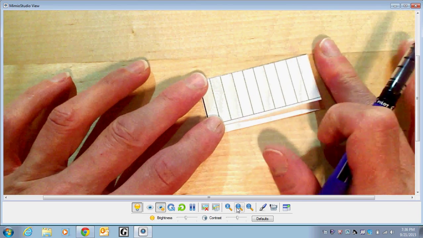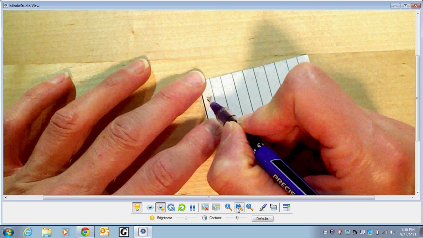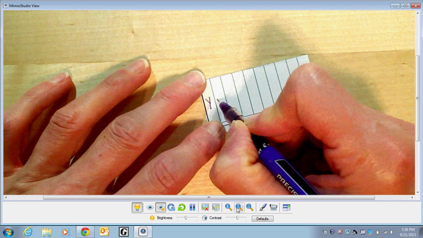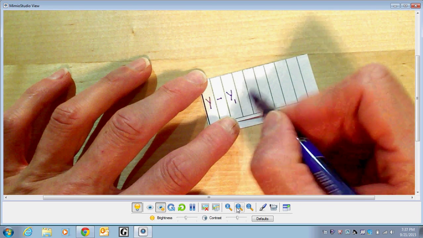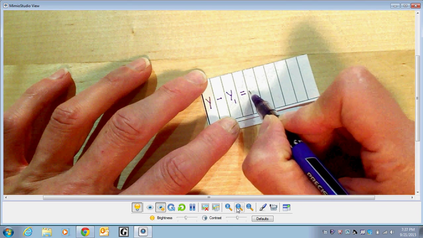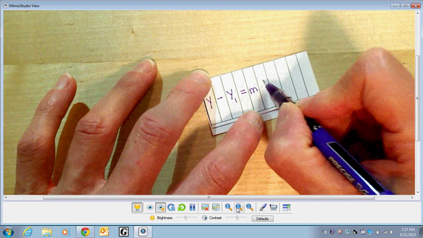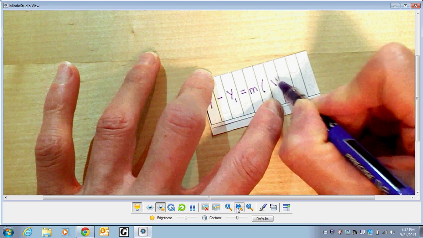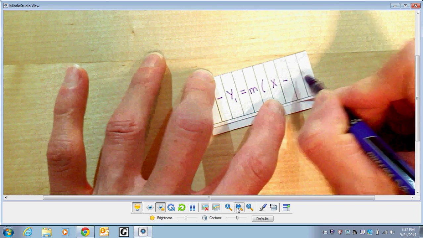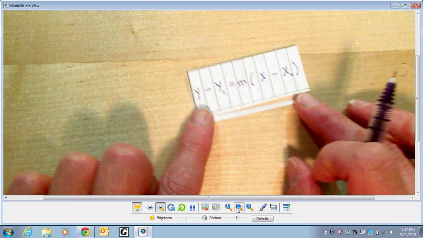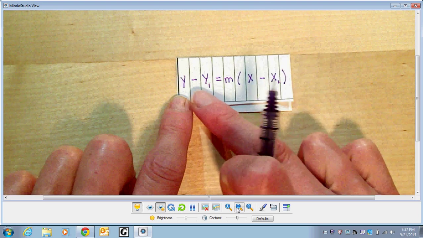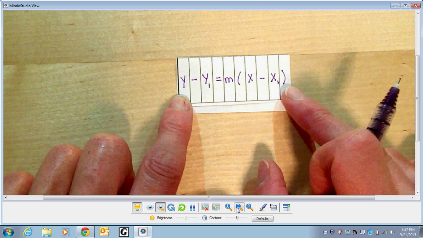So this is going to be point slope form. So point slope form is y minus y sub 1, that's in the basement, it's the last name, is equal to m parentheses x minus x1 parentheses. So every single symbol has its own space.